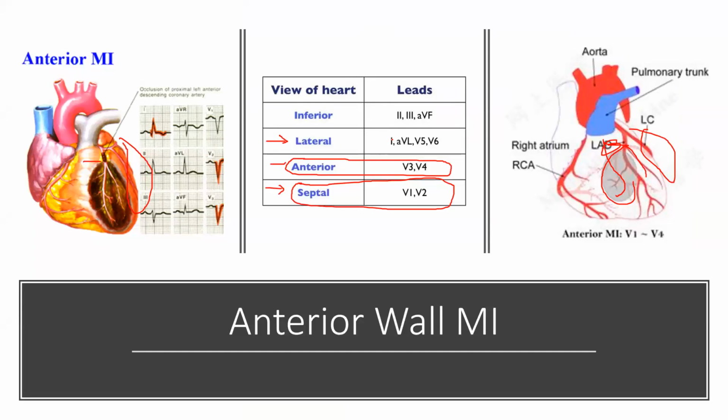As you could see in the lateral wall, we could divide this into, right here, 1 and AVL as high lateral. That's this portion right here. And low lateral, which are V5 and V6, that would be this portion right over here. Okay? Yes, thank you, Michelin, for raising those questions.